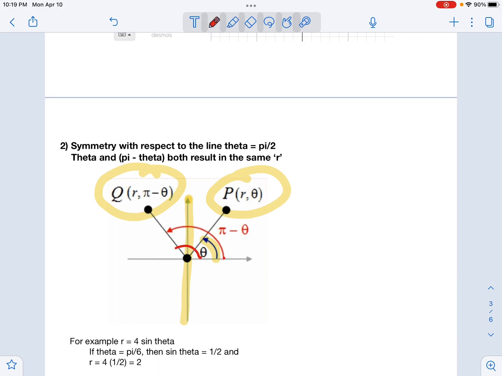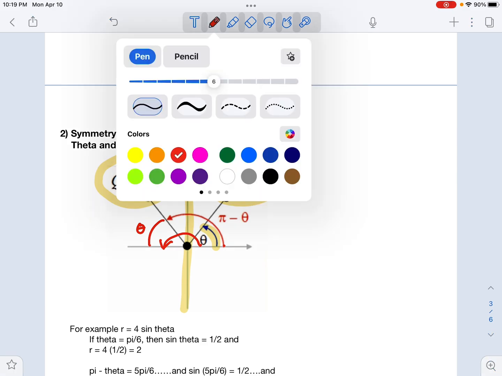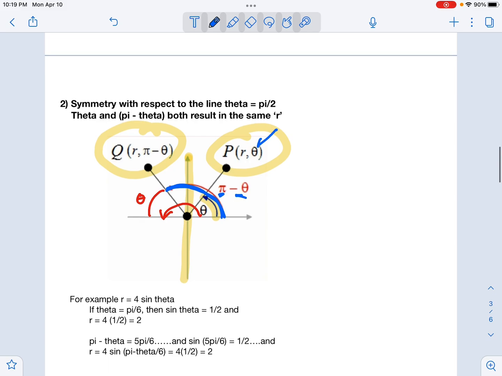From here all the way over to here is pi, and this right here is theta, so this value is just pi minus theta. If you plug in pi minus theta for theta and get the same r, then you know you have symmetry with respect to that line.